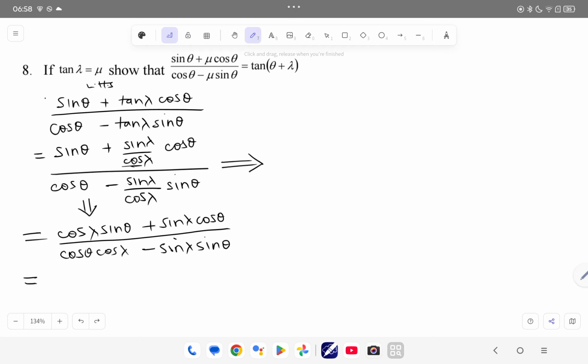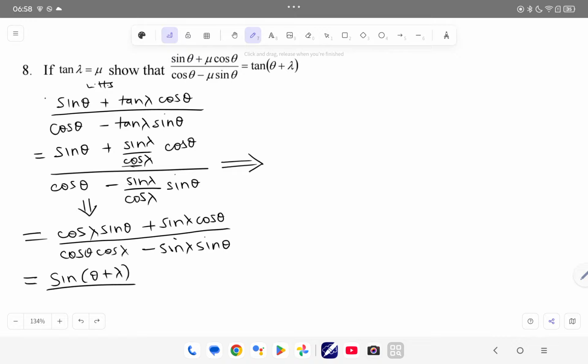Now the one up, if you look at it very closely, it is like saying sin A cos B plus sin B cos A. So the one up is the same as the sine of theta plus lambda.